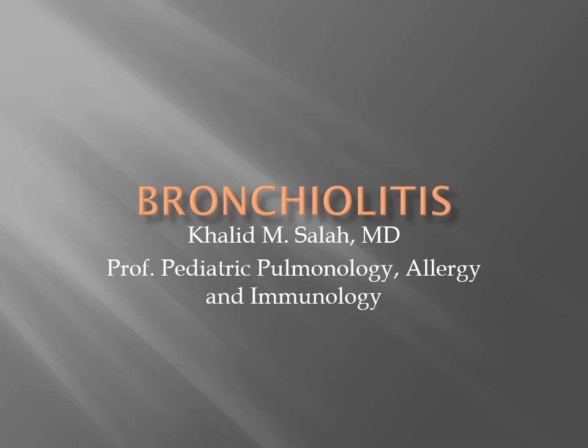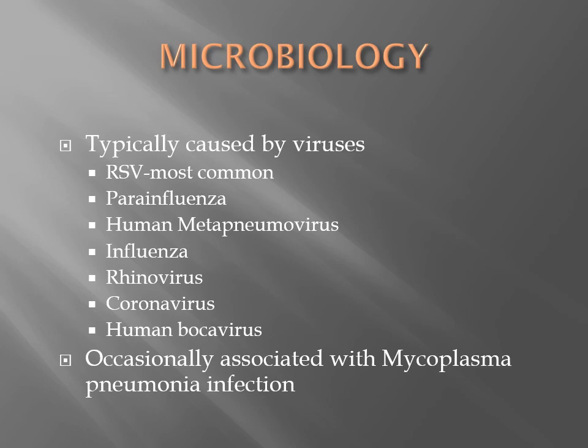Today we discuss acute bronchiolitis. The causative organism represents the microbiology. Acute bronchiolitis is caused by many different microorganisms, but the most common one is respiratory syncytial virus, which represents about 50%.